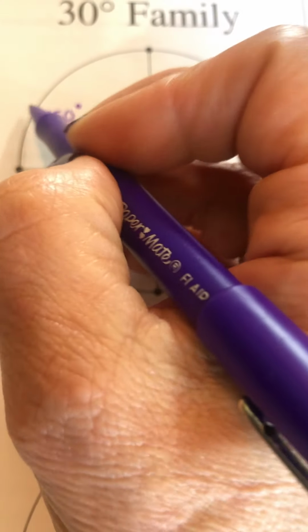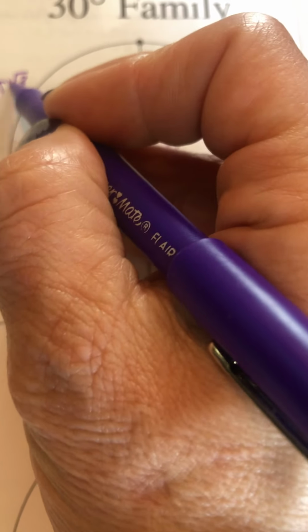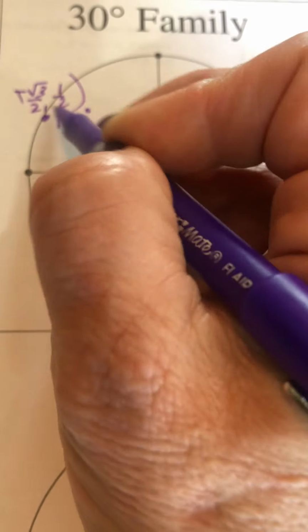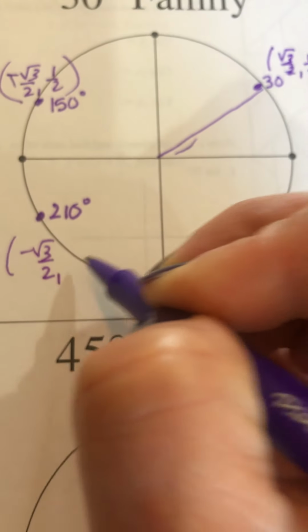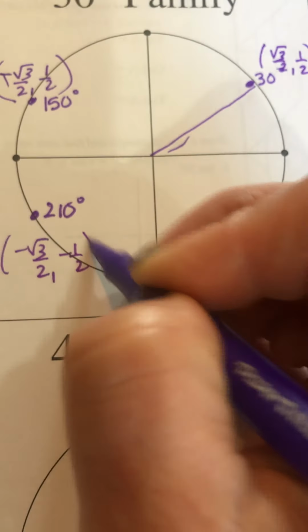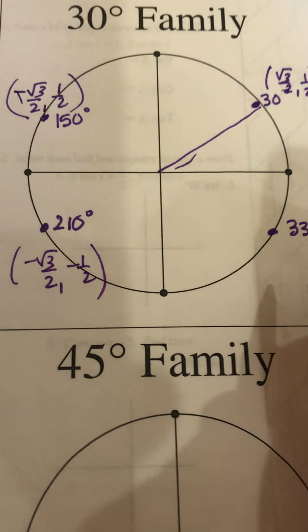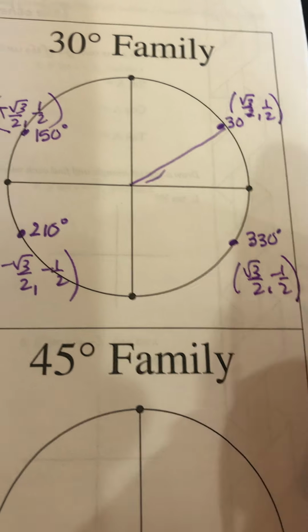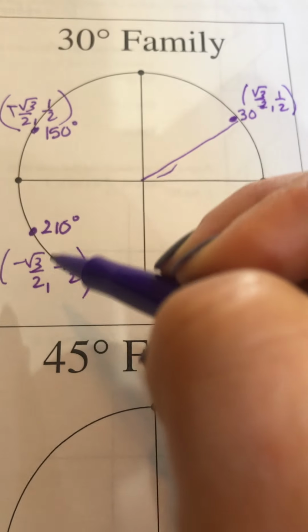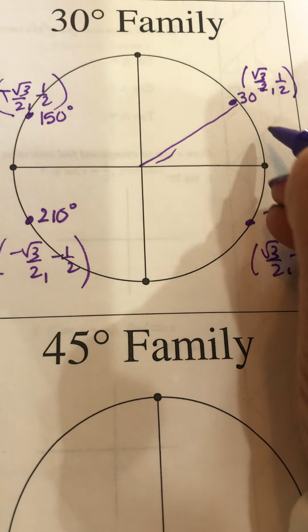You're right, for the 150, it would be -√3/2, comma 1/2. Here is going to be -√3/2, -1/2. And then +√3/2, -1/2. We take the same ordered pair, but the positive and negative signs just change.